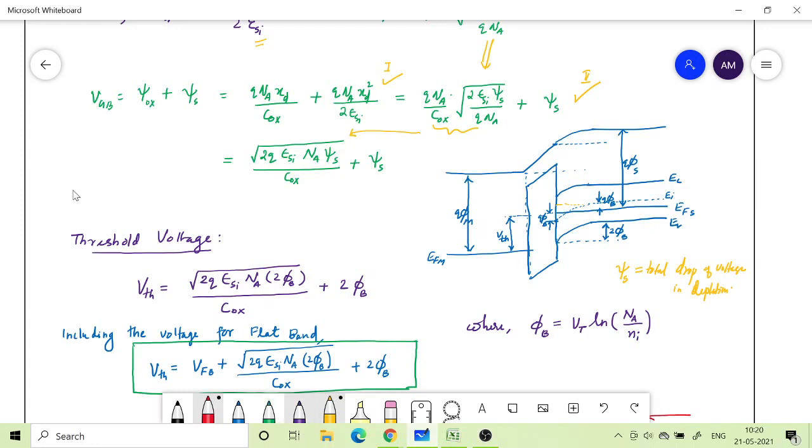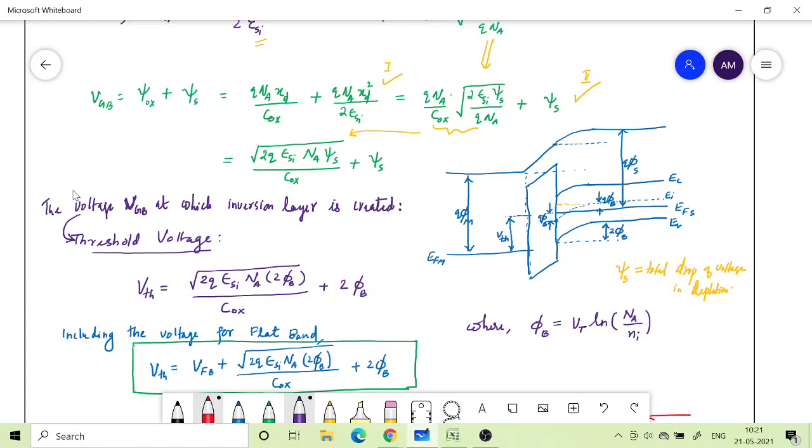The definition is like this: the voltage VGB at which the inversion layer is created. So the threshold voltage is that voltage at which the inversion layer is created.